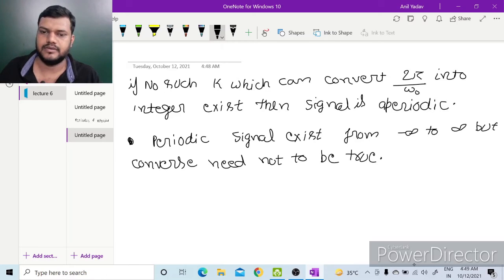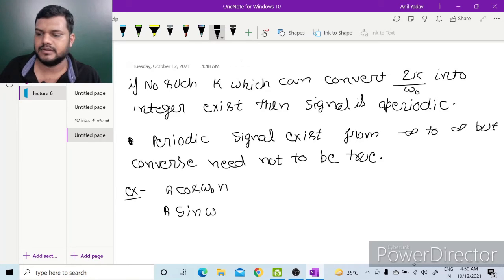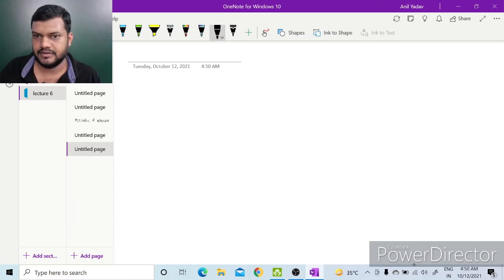Okay, now examples are cosine signal and sinusoidal signal. These are periodic signals. Now let me take one example of a periodic signal.